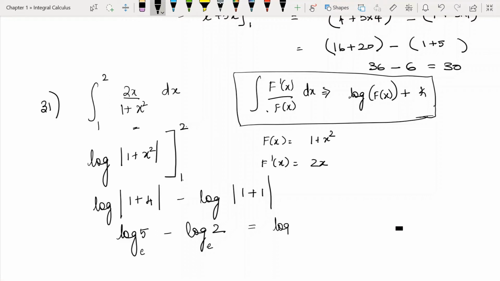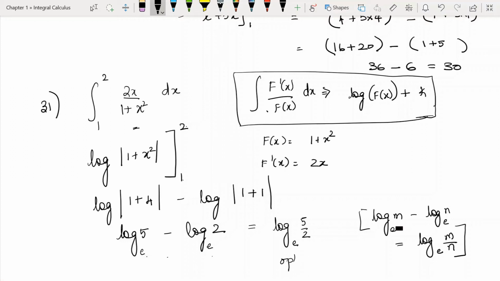So here we will have log 5 by 2. This is the log m minus log n formula. Let me write here: log m to the base e minus log n to the base e is nothing but log m divided by n to the base e. So I have applied this formula here to the base e. So the answer is option A.